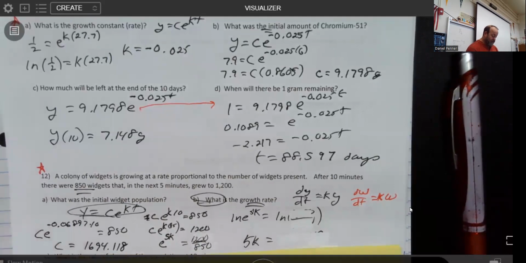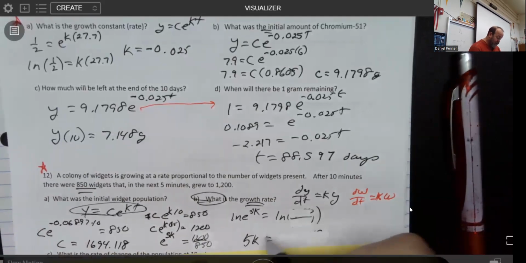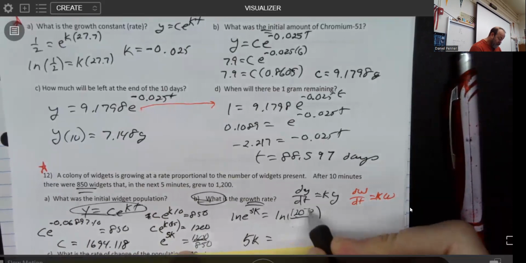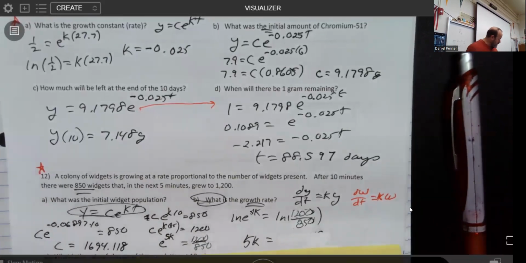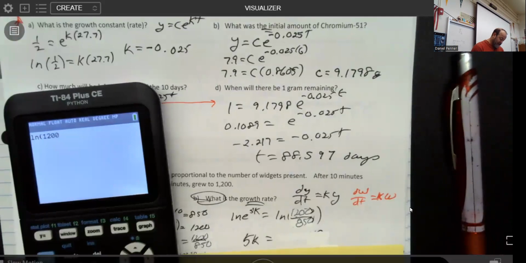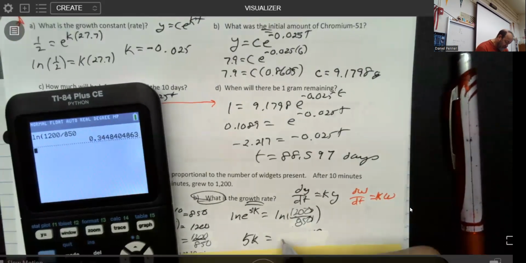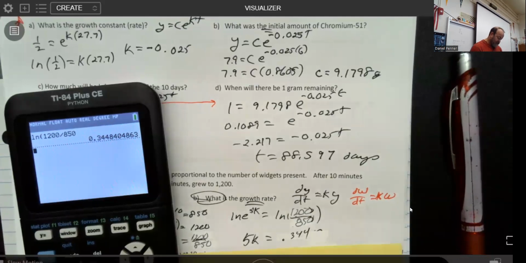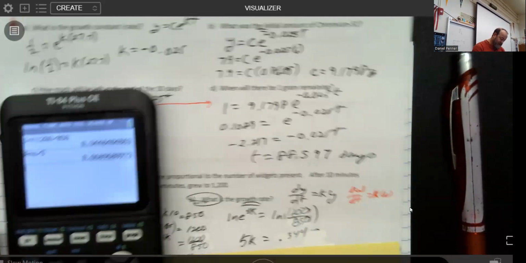Now, of course, if we take the natural log of both sides, notice that I'm now repairing my work because I made a little bit of a mistake here. So I'm going to take the natural log of 1200 divided by 850, I should have known better, is 0.344, and divided by 5, I get 0.06.